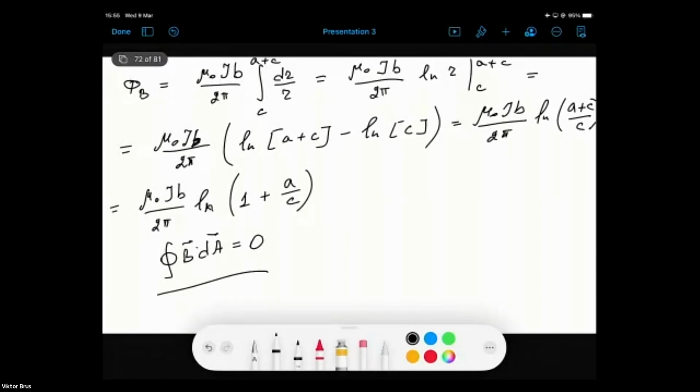And that originates from the fact that we have negative and positive charges, and electric field lines originate at positive charges and terminate on negative charges. However, this is not the case for magnetic field lines. They are continuous.